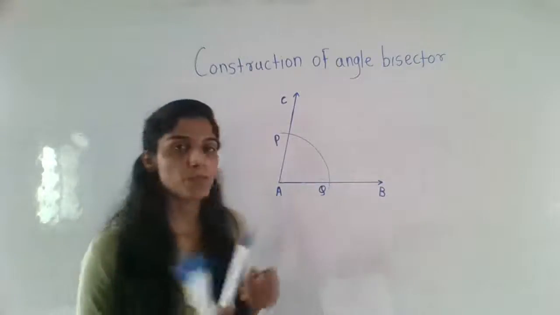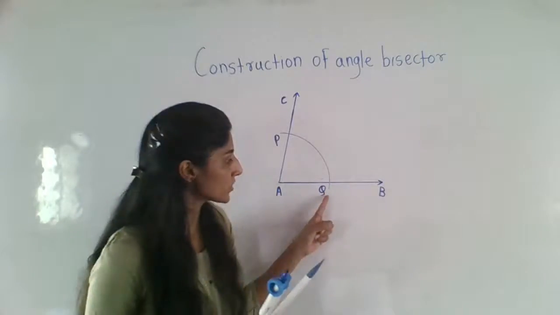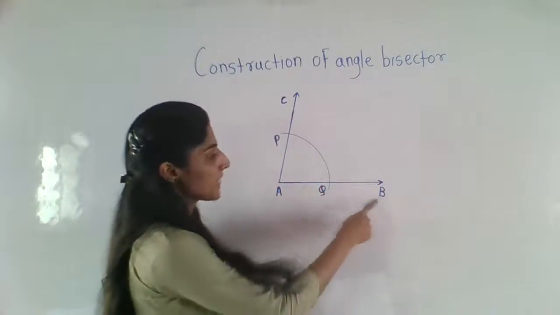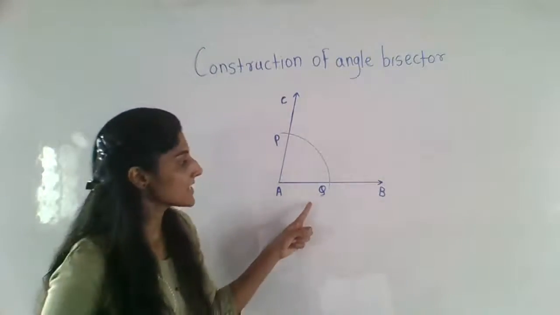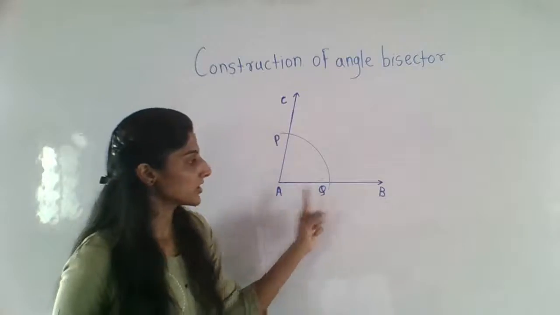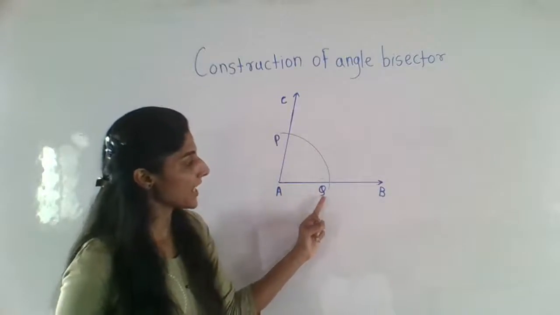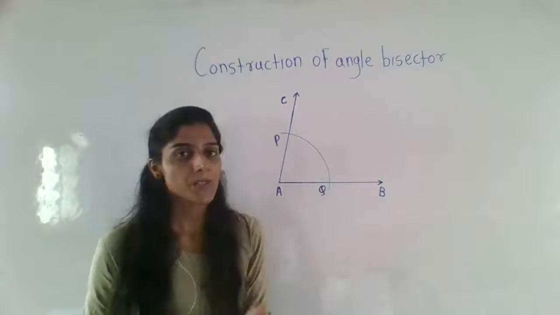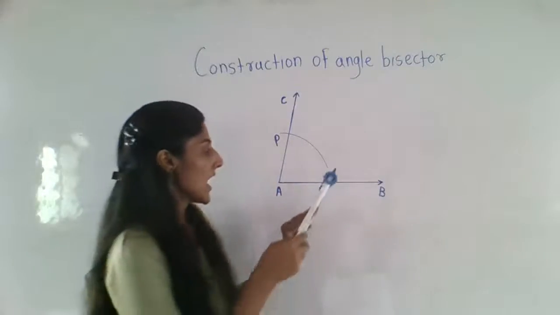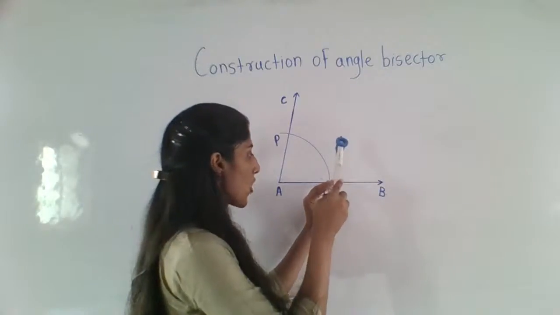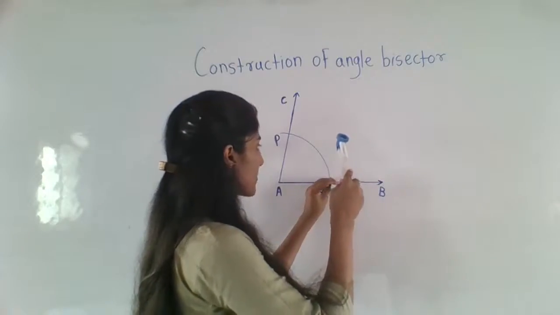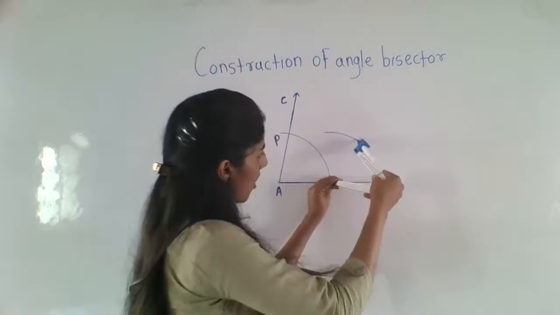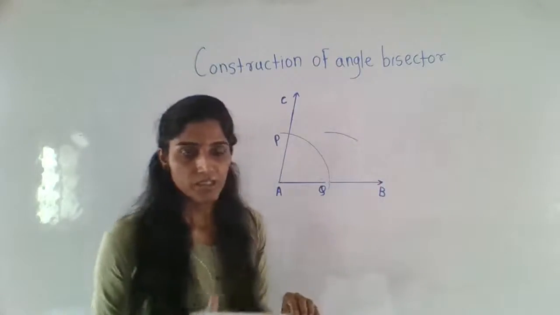Now place the point of the compass on the point of intersection on the ray AB, that is on point Q, and draw an arc inside the angle. Fix this point and draw the arc.